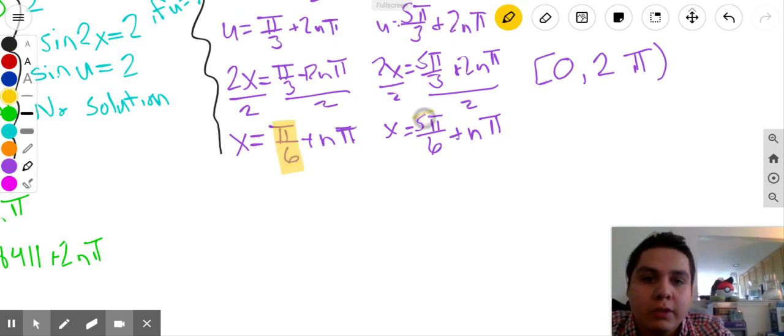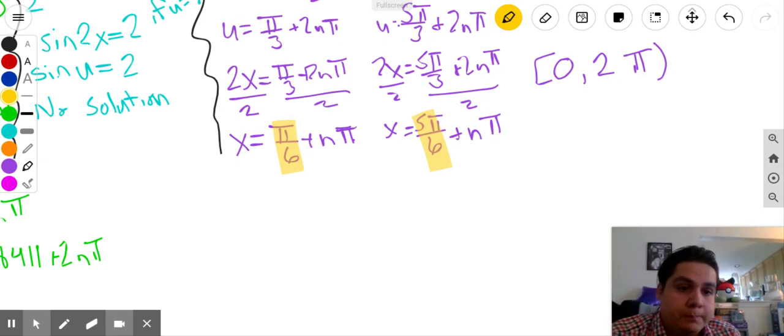This is one solution. This is another solution. Both of these angles fall between 0 and 2 pi. So when I'm asked to find solutions within a certain interval, I'm not looking at the principal angles that I found. I'm looking at the angles I got at the very end and seeing, okay, do they fall within this range of 0 to 2 pi? They would.